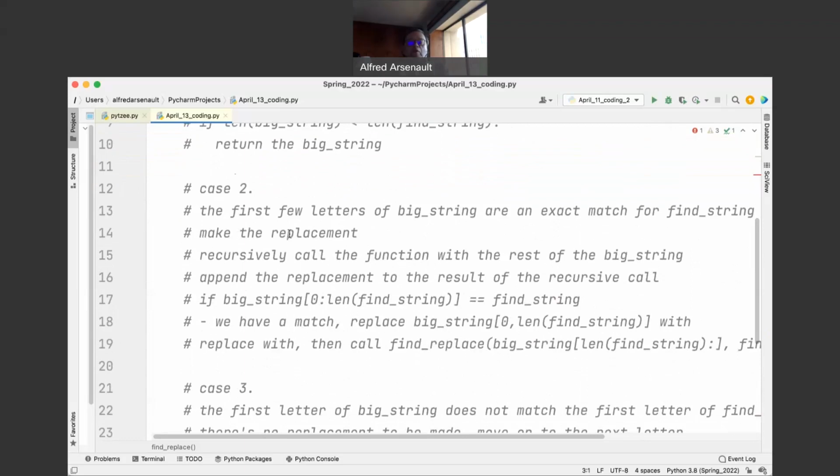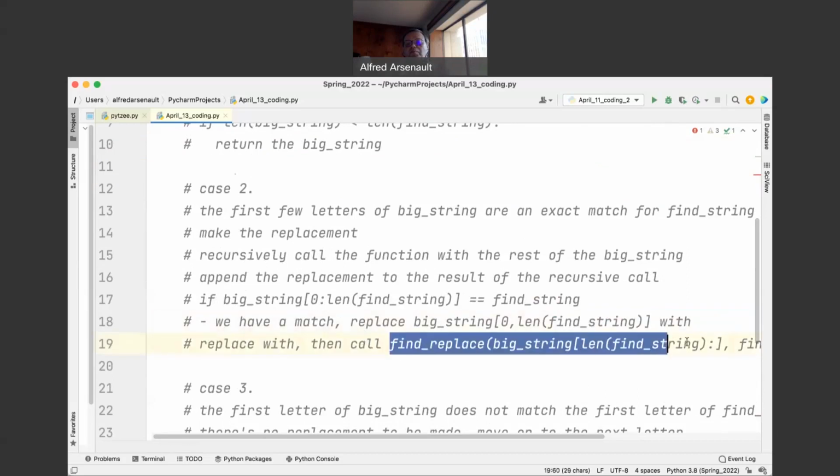The first appropriate number of letters of big string are an exact match for find string. We found a match. We need to make the replacement. Okay, make sure that you append the replacement to the result of your recursive function call, where you do the recursive function call like this. Okay, so that's the second thing you need to do.